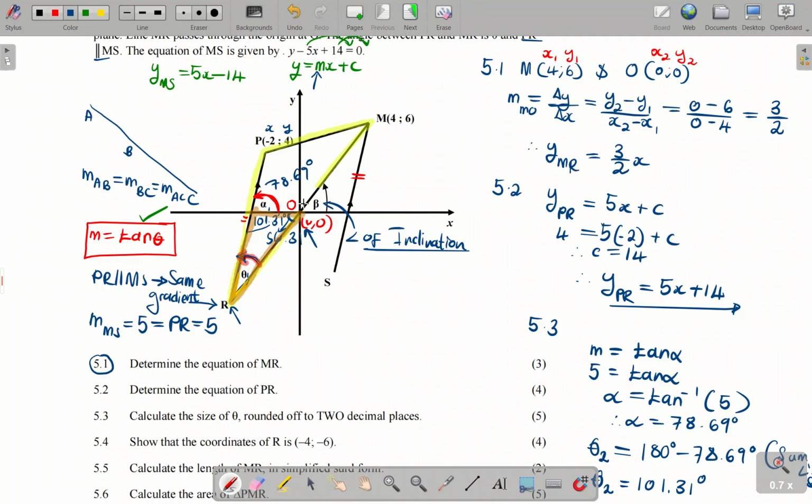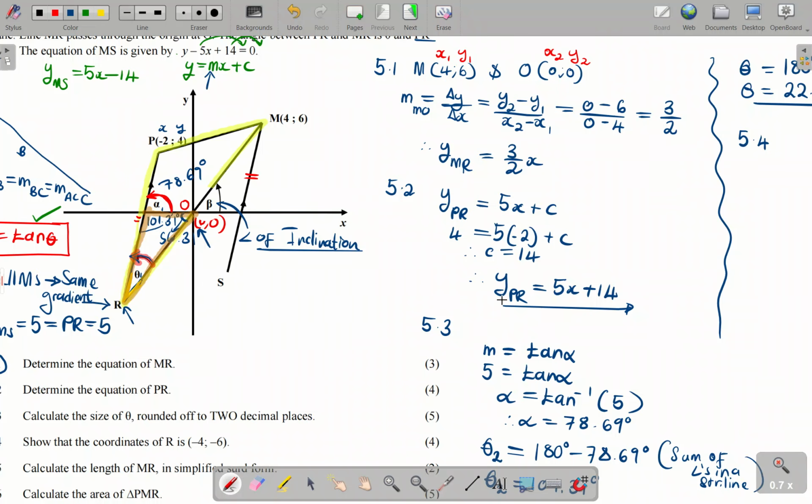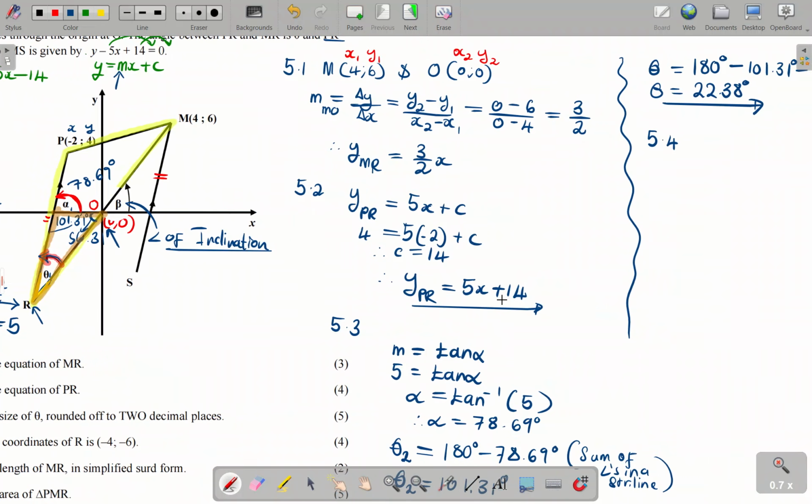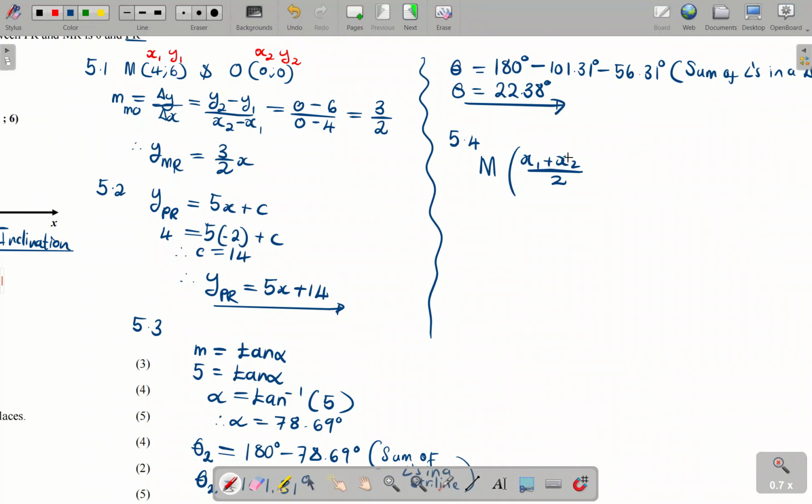So I think that O is the midpoint of these 2 points, M and R. So we're just going to say, all right, we know the midpoint formula is simply x1 plus x2 all over 2, and y1 plus y2 all over 2.